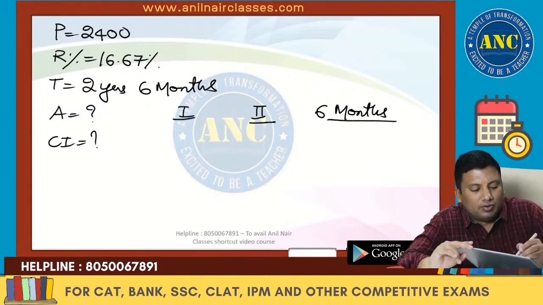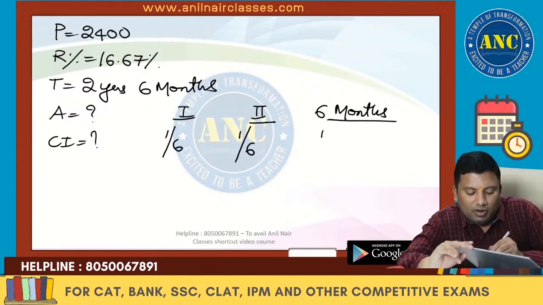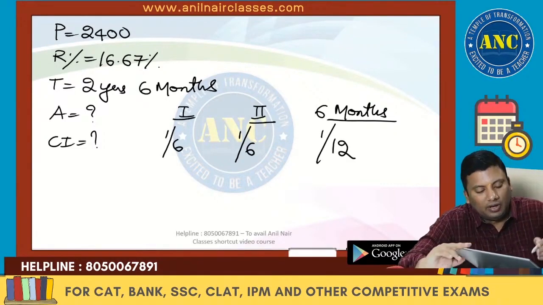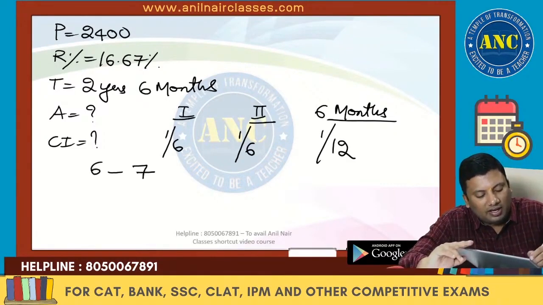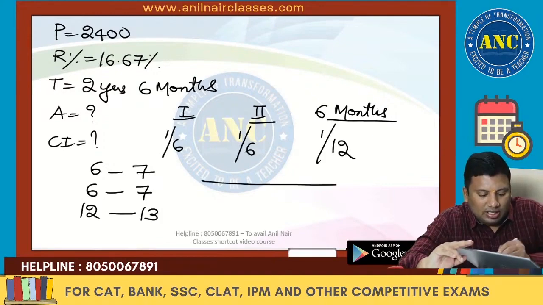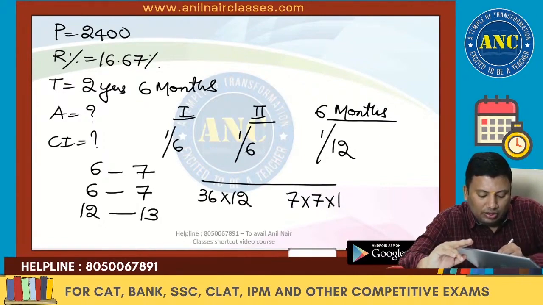First year it is 12 months, so it is 1 by 6. Here also 1 by 6. Then 1 by 6 into 1 by 2 is 1 by 12. 6 becomes 7, 6 becomes 7, 12 becomes 13.